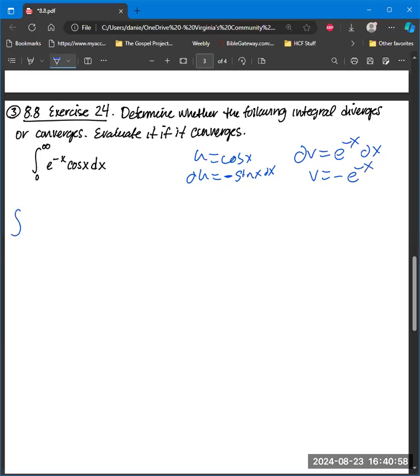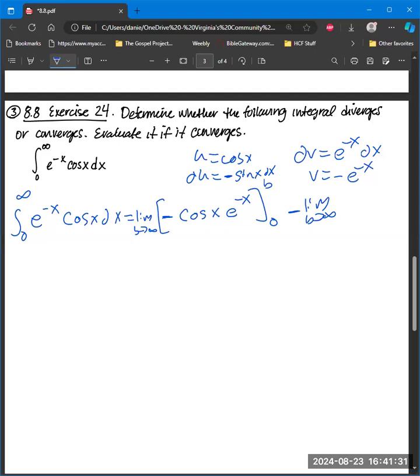So we have uv minus the integral of v du.